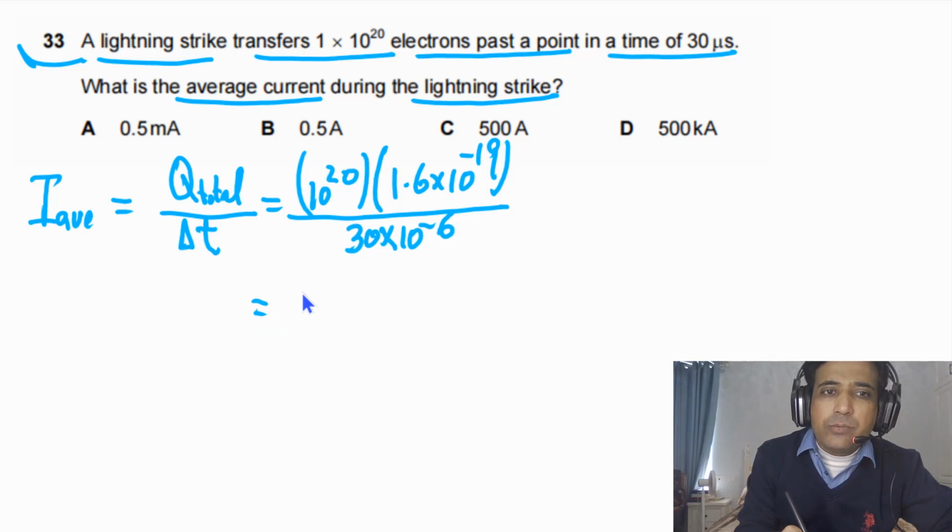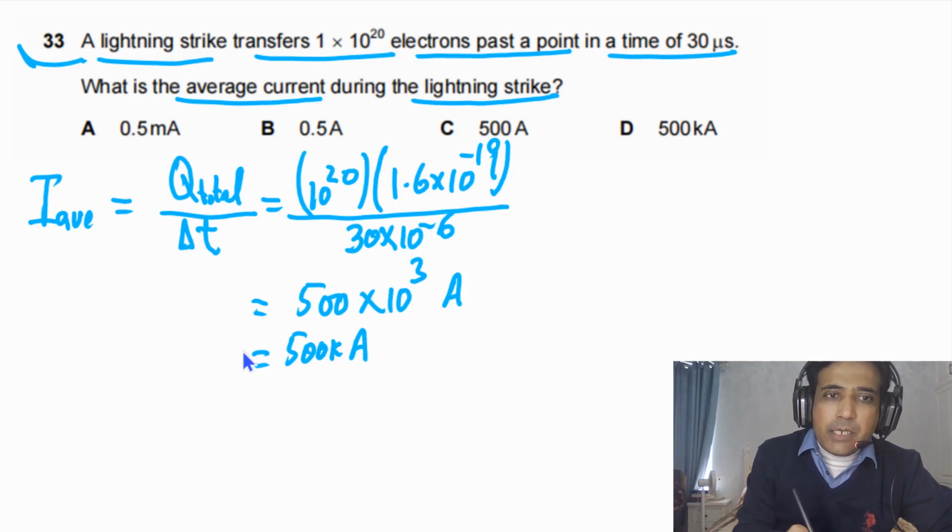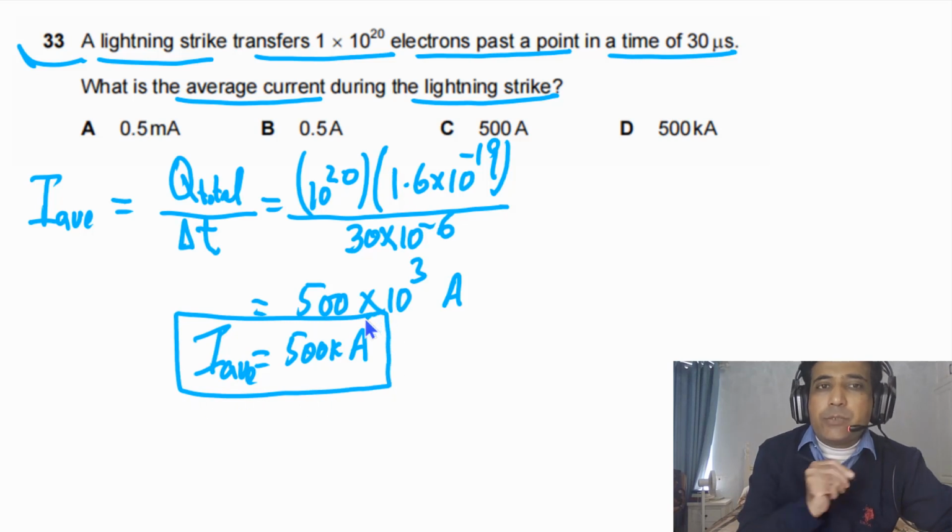Now if we solve this one, we will get 500 times 10 to 3 amps. So simply we can say this is equal to 500 kilo amps. A very high current. So this is how we can calculate.